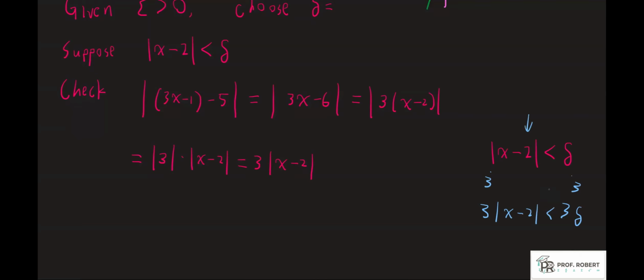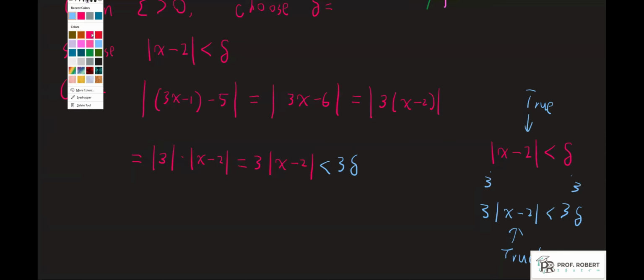Because this was true, when I multiply 3 on both sides, this is also going to be true. Then I can say, in my checking step here, I got 3 times the absolute value of x minus 2, and I can say that this is less than 3 times delta.